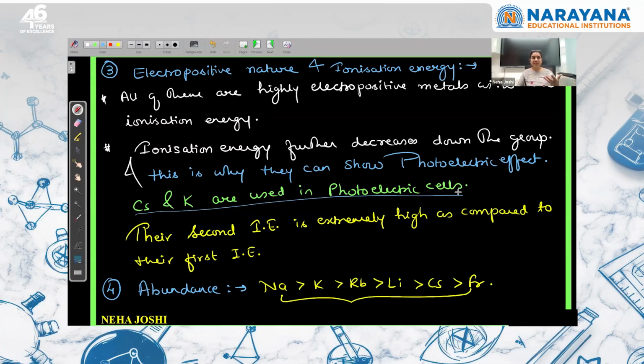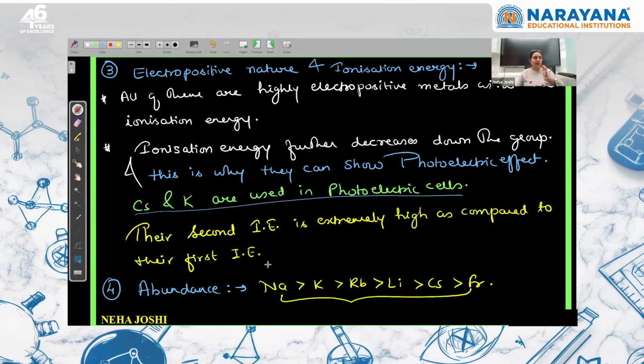The outermost electron can be easily excited. Their second ionization energy will be extremely high because by the loss of one electron, they attain noble gas configuration. And thus, their second ionization energy will be very, very high.